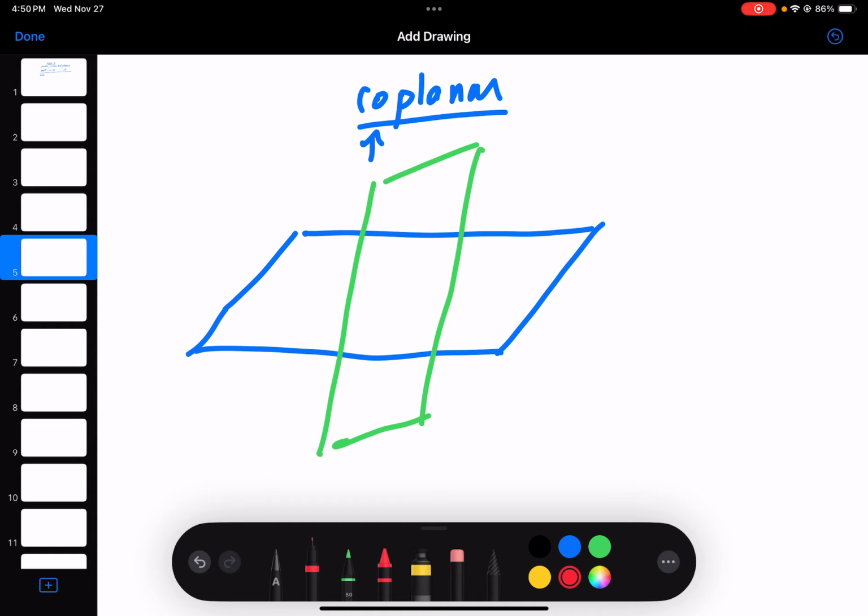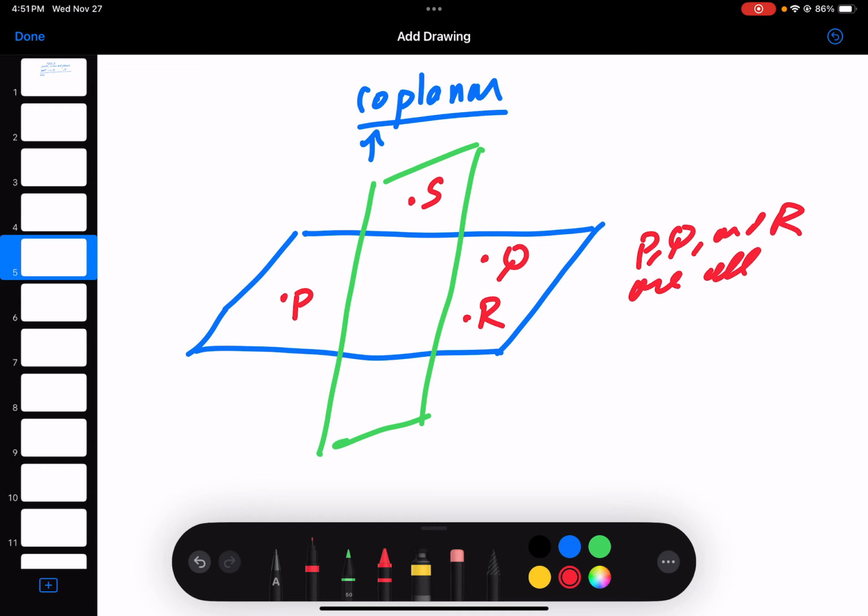So P is on the blue plane, Q and R are all on the blue plane. And we'll call it S here. Again, points P, Q, and R are coplanar because P, Q, and R are all on the blue plane, right?